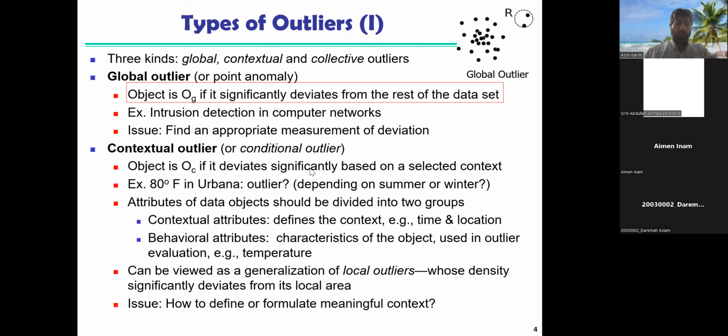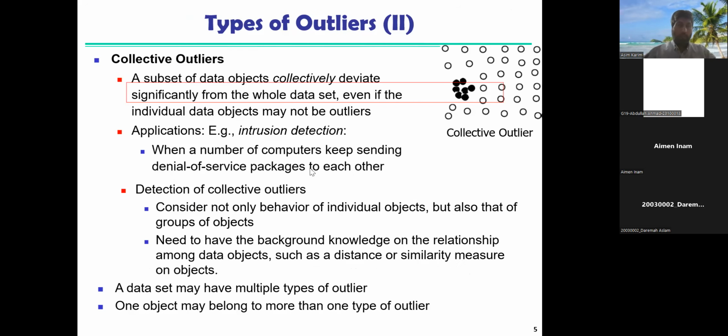So the context is defined. It's not over the entire globe. Contextual is usually also a single point, and global is also a single point. But as I said, collective would usually mean multiple points.